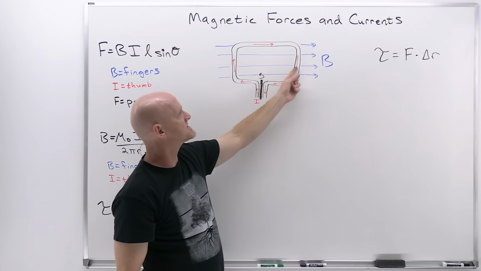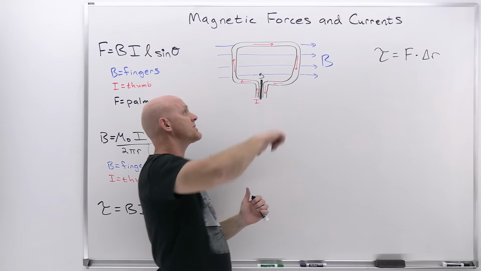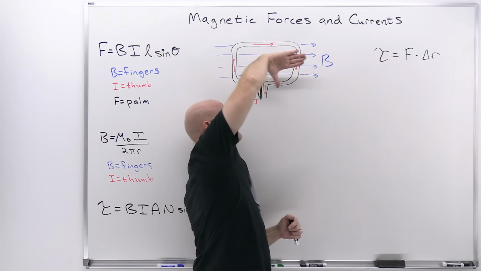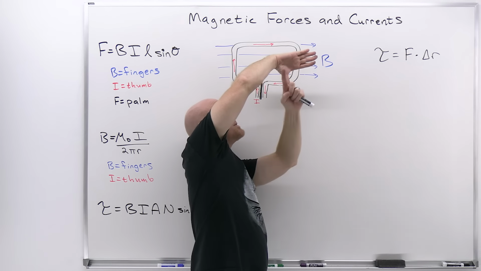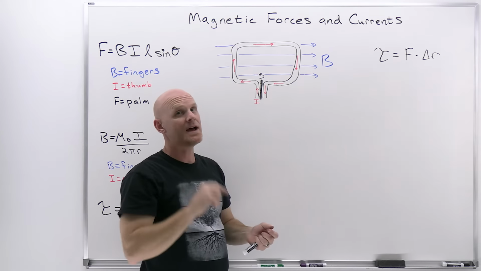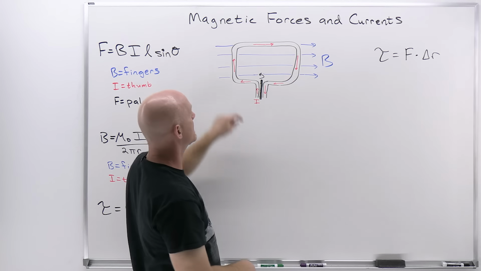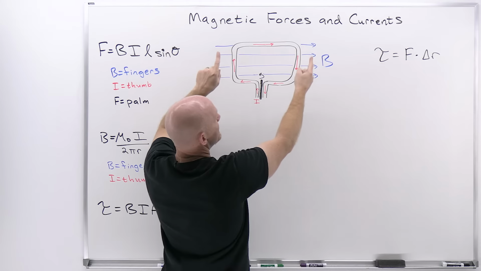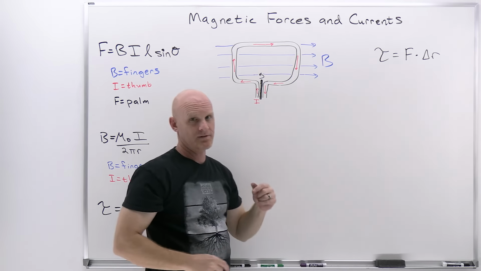If we go to the opposite side here, we get the opposite result, because now the current points down, and so my fingers still need to point to the right with the direction of the magnetic field, my thumb points down, and now coming out my palm is out of the board. We can see the nature of the torque here. We're pushing this loop in on the left-hand side and pulling it out on the right-hand side, and that's why it wants to rotate.